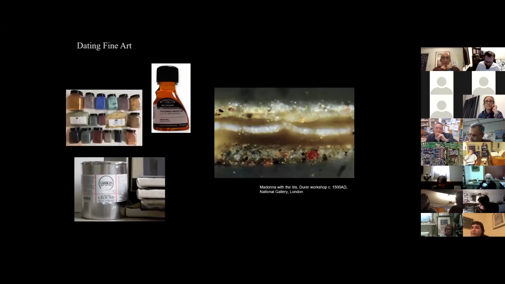And the last thing is just quickly talking about dating fine art. It's a similar story, I think. Fine art paintings have pigments, of course, dissolved in some kind of medium, adhered to some kind of substrate. Many of the pigments themselves do not have carbon in them, but several actually do. Of course, you can have carbon black, you can have copper carbonates in the green pigments.